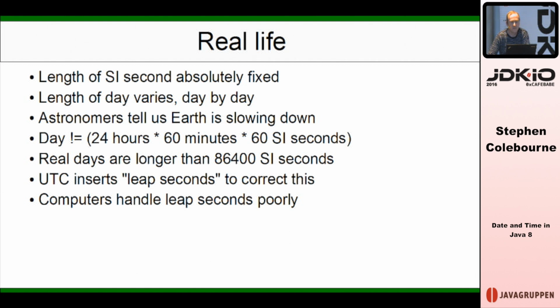So a day is not equal to 24 hours of 60 minutes of 60 seconds, i.e. a day is not equal to 86,400 seconds. They are typically slightly longer, although it varies all the time. So the purpose of UTC is to insert leap seconds to deal with this. So every 18 months or so, there's 1 extra second added in at midnight in London to handle this.